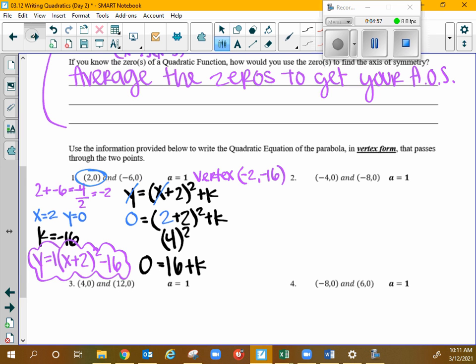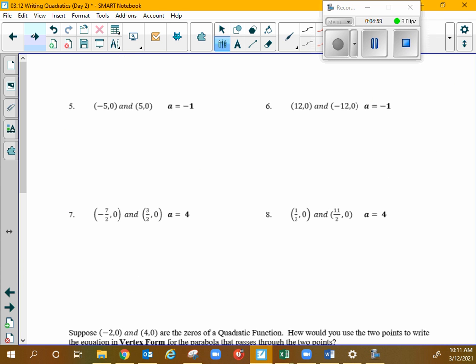So let's flip over to the back because a is not always 1, right? Looking at number 5. First step: average my zeros. It's 0.